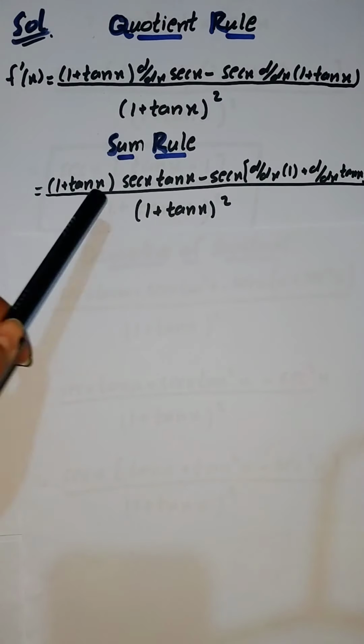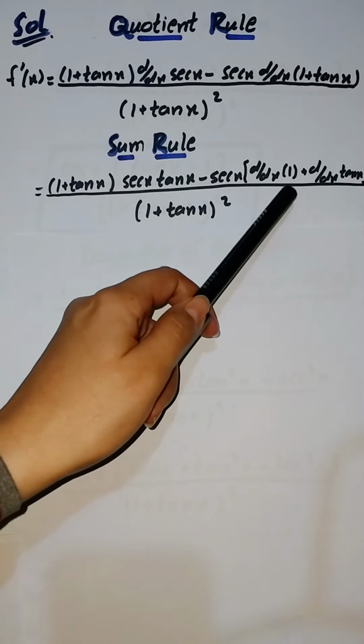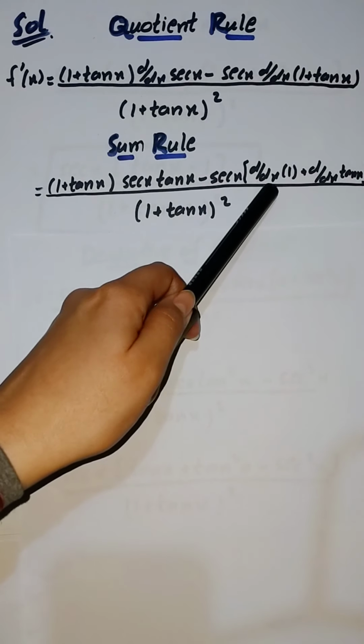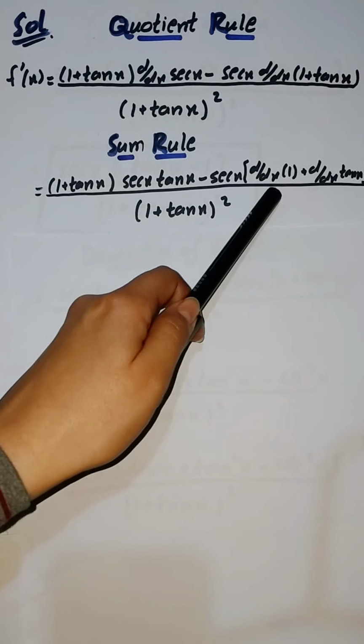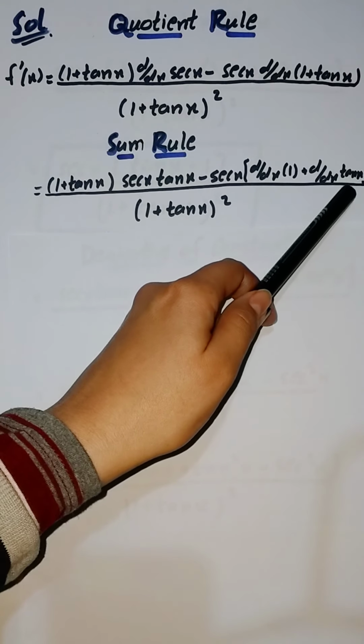Now for simplifying it, we will multiply these two, and for solving it we need another rule, which is the derivative of a constant. Here we need the derivative of constant rule, and here we need the derivative of a trigonometric function, which is tan x.